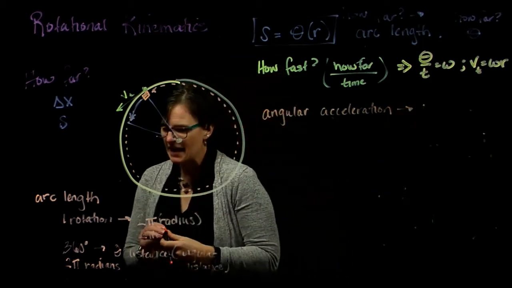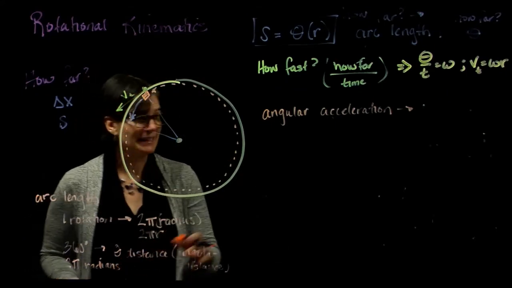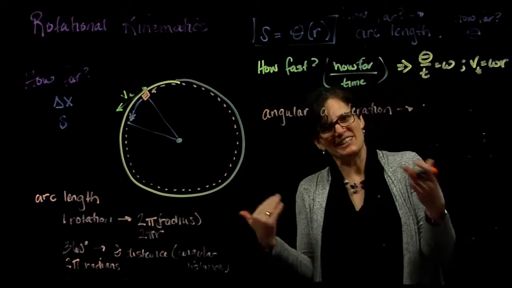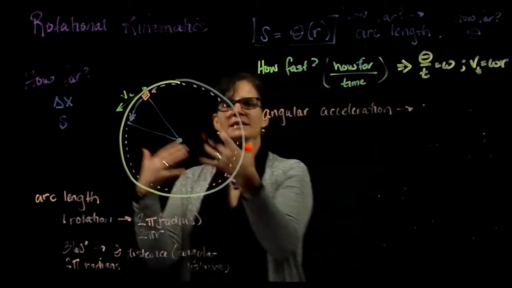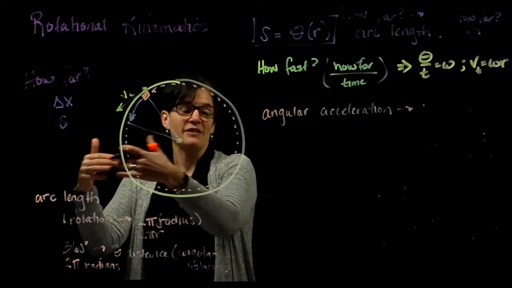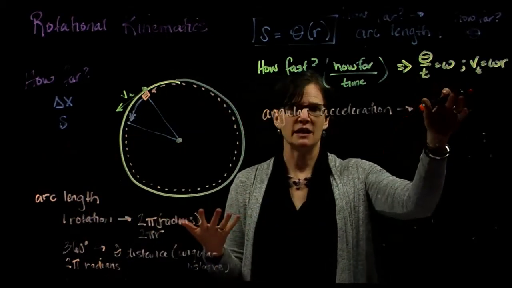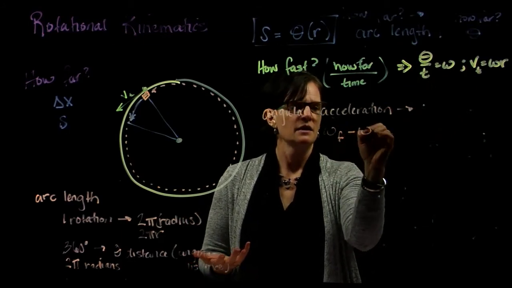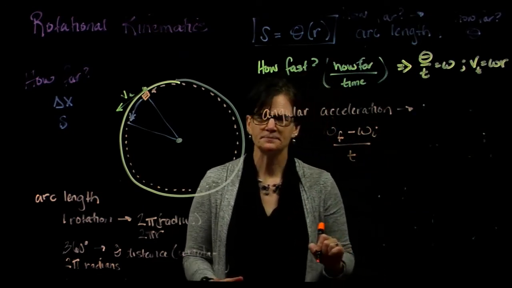All right, and our angular acceleration is related to just what our translational acceleration looked like. Angular acceleration is how fast is the velocity changing as time goes on, okay? Am I getting faster and faster, or am I getting slower and slower? Is my velocity changing as time goes on? Well, our velocities are angular velocities, so it's our final angular velocity minus our initial angular velocity over time.